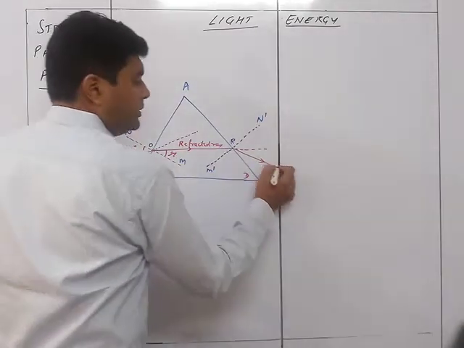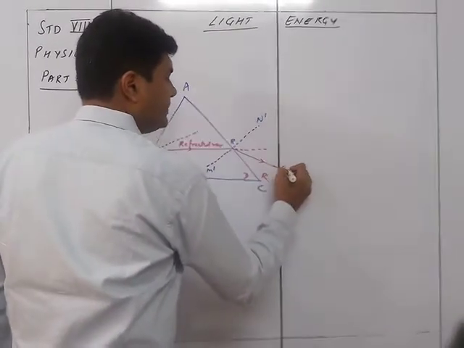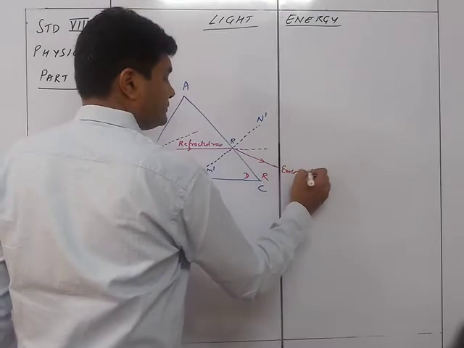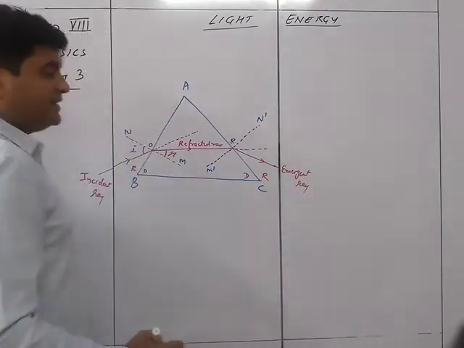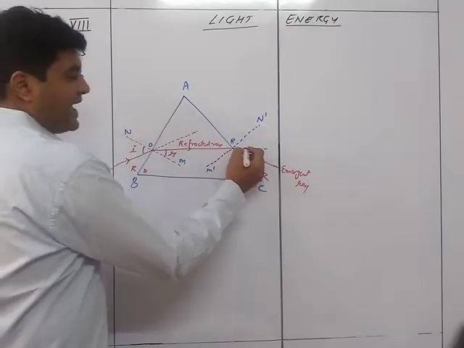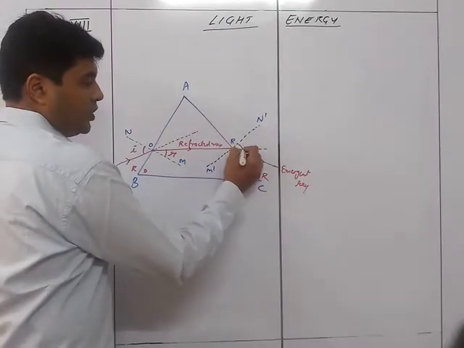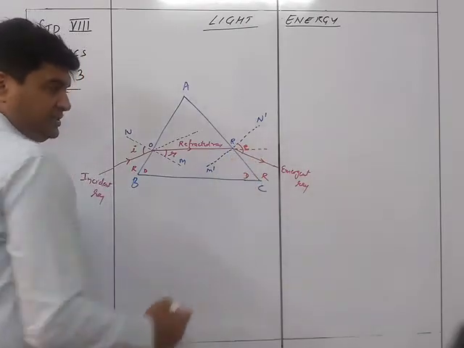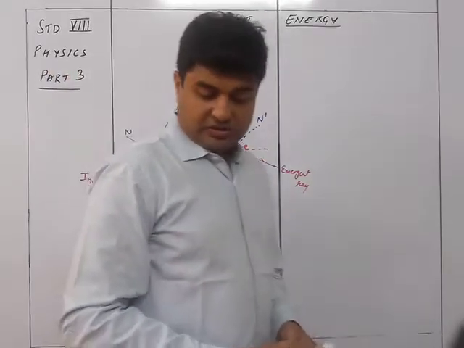So this over here is the emergent ray. Okay, this line over here is the emergent ray, and of course this angle over here which it is making with the normal will be the angle of emergence. E is the angle of emergence.